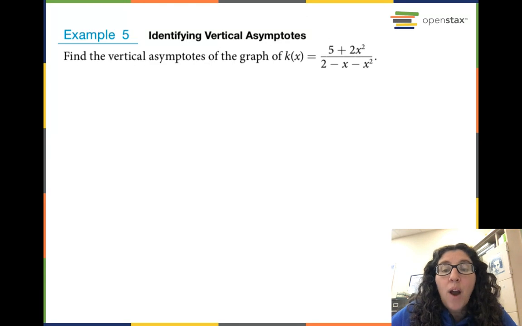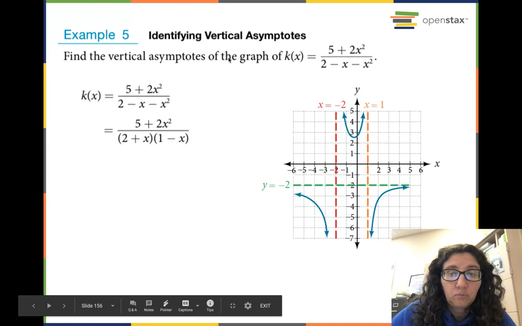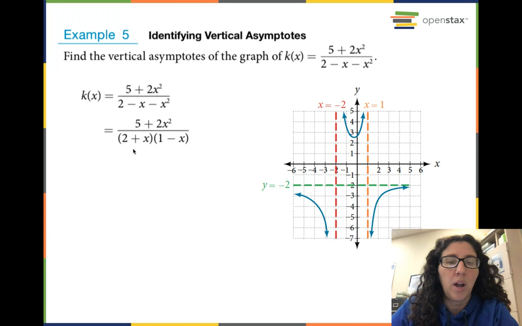Here we've got a rational function, and we want to find vertical asymptotes and/or removable discontinuities. Well, first thing we need to do is factor the numerator and denominator. So can we factor this? The numerator we can't factor over real numbers. Denominator we can factor. And for some reason they wrote it in this weird way.